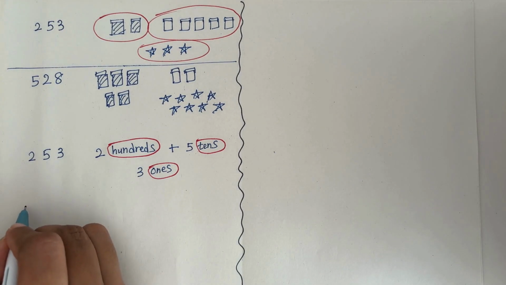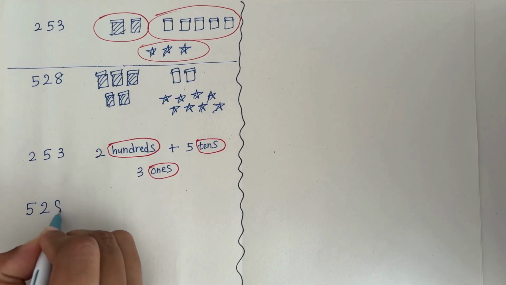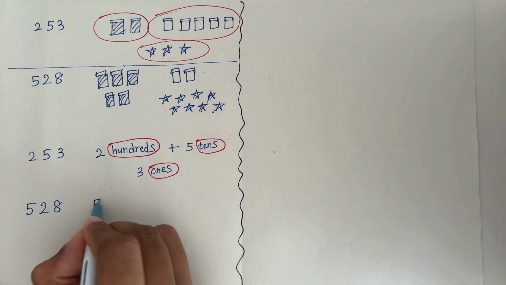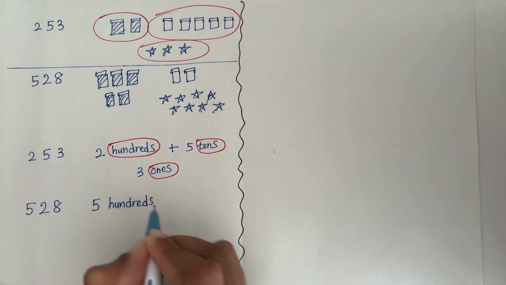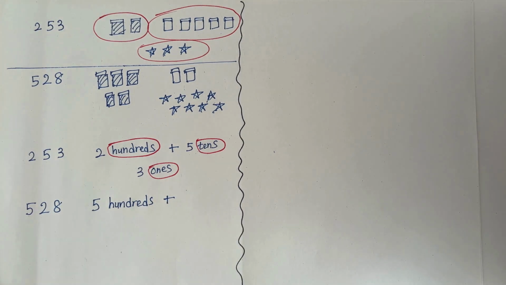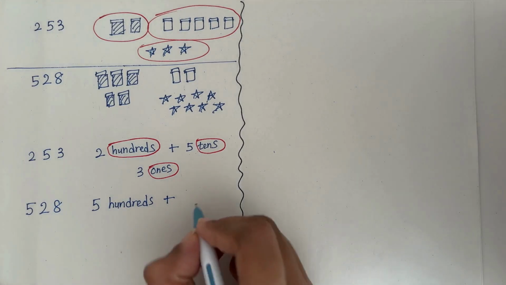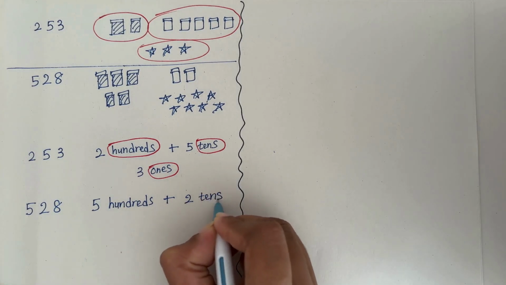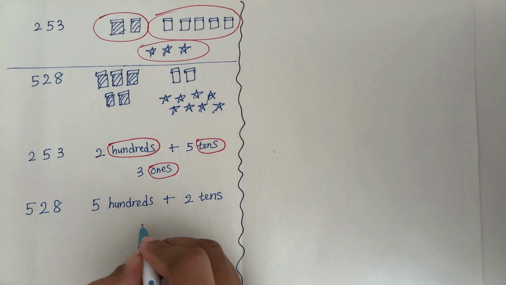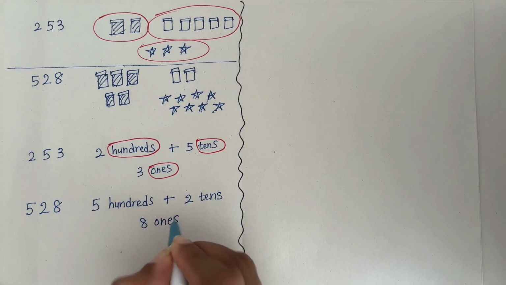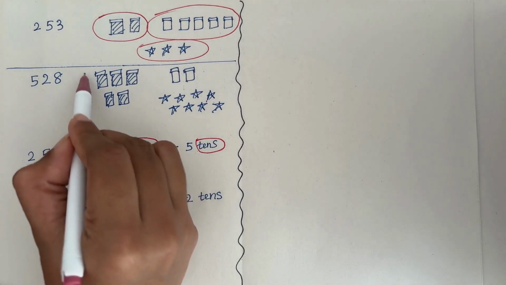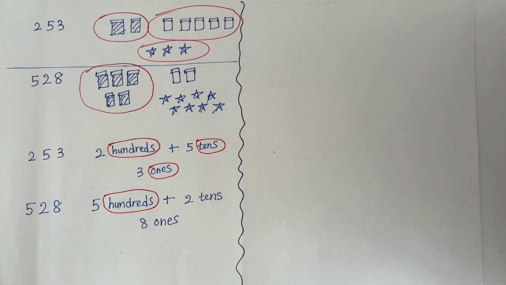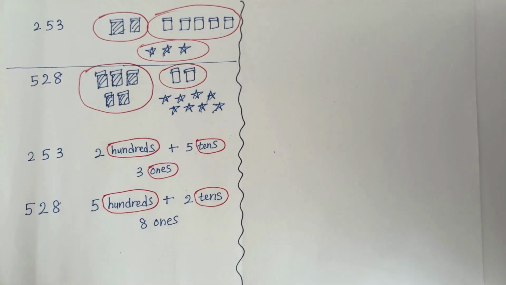And if we consider this one, tell me how many hundreds? 5 hundreds. How many tens? 2 tens. How many ones? 8 ones. Here 100 boxes, we have 5. Here we have 2 tens.